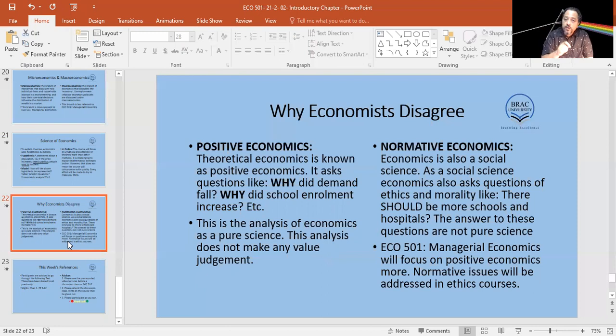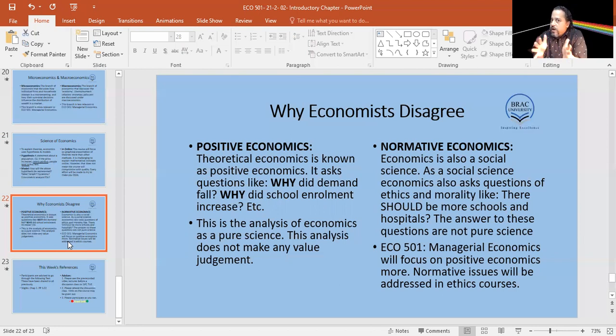If the price of BMW cars doubles tomorrow morning, it will come on the papers, but it's not going to hit the headlines. But if the price of rice shoots to 2 times or 3 times more in a span of, say, 1 week, then that will become big news in the newspapers and throughout the whole economy. Why? Because then it becomes an obligation of the government to intervene.